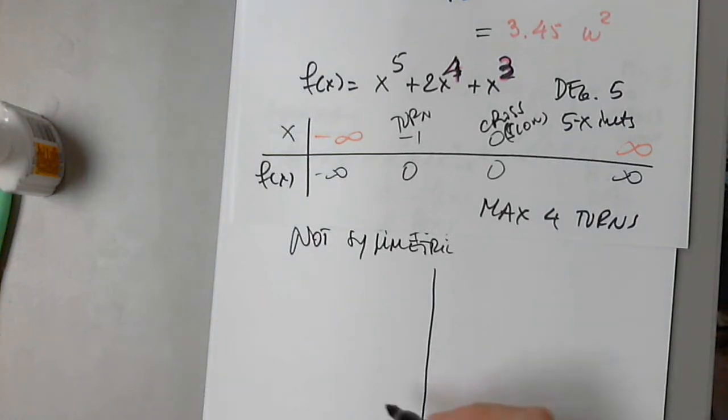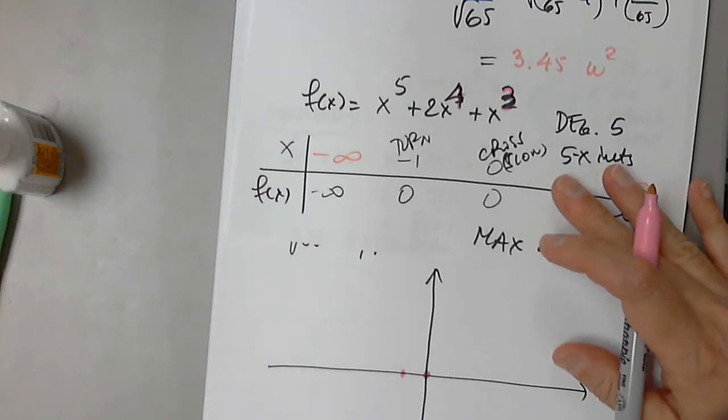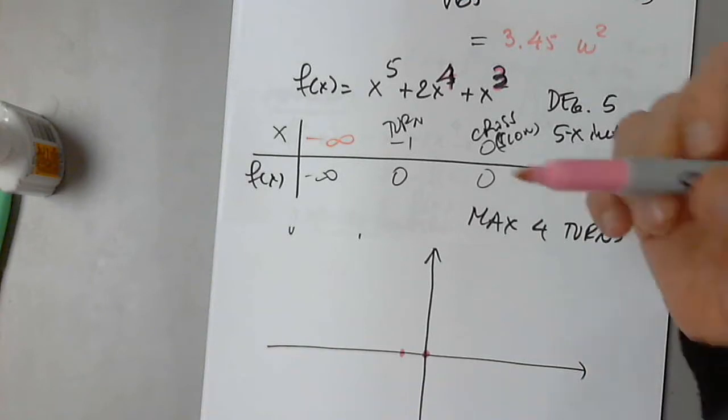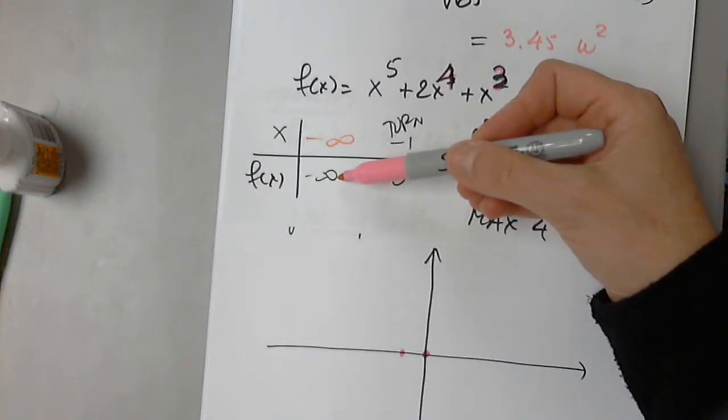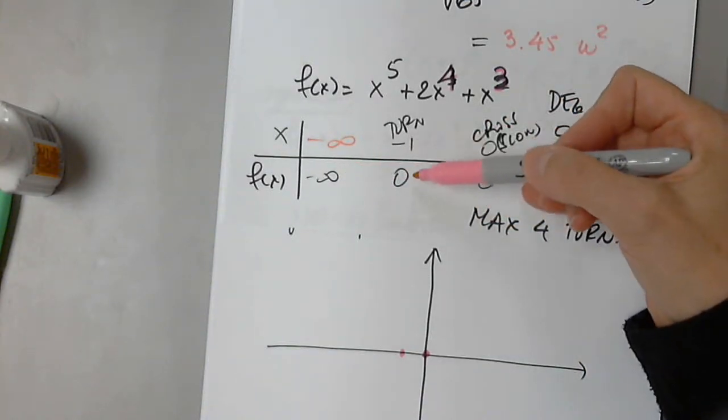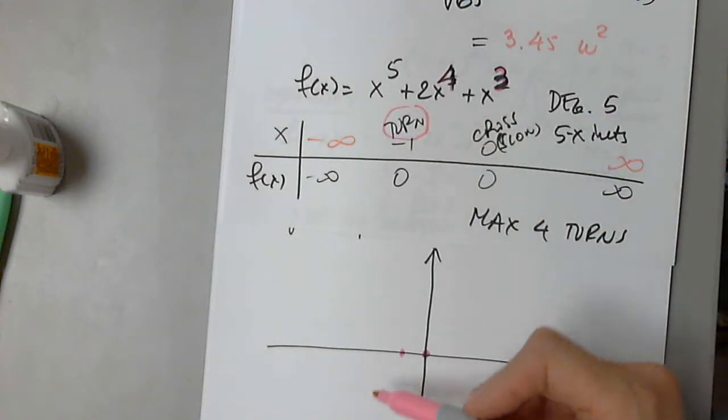Let's graph it. From left to right, I plot -1, 0, and I plot 0, 0, and now I follow my table. Careful. From negative infinity to -1, 0, turning.